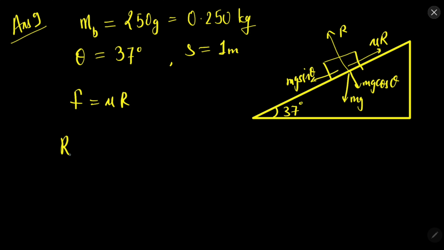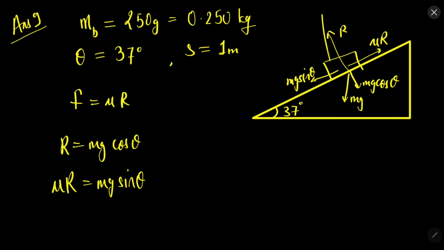So R is equal to mg cos theta and mu R is equal to mg sin theta. So let's put the value of R. So mu into mg cos theta equal to mg sin theta.